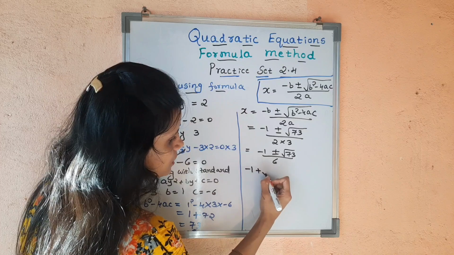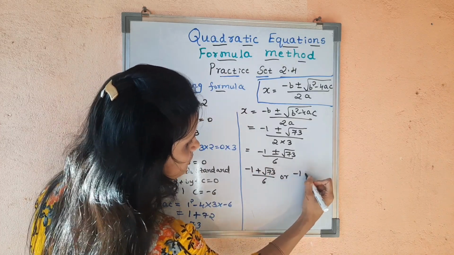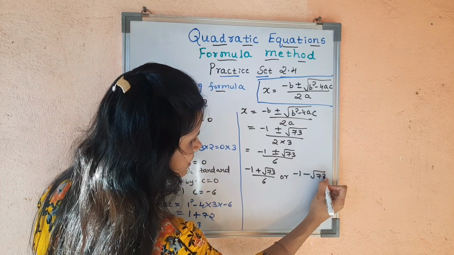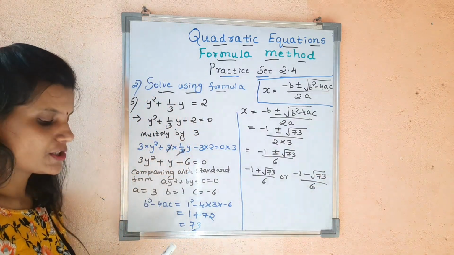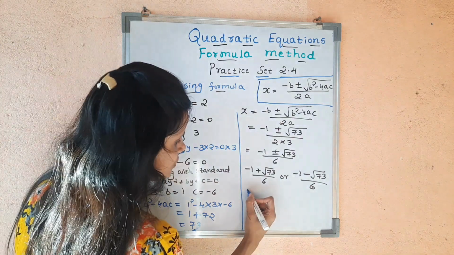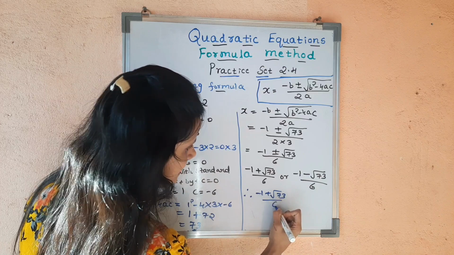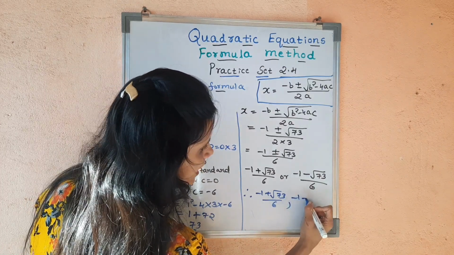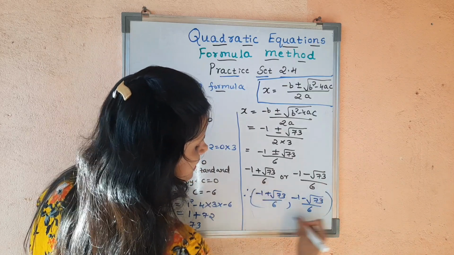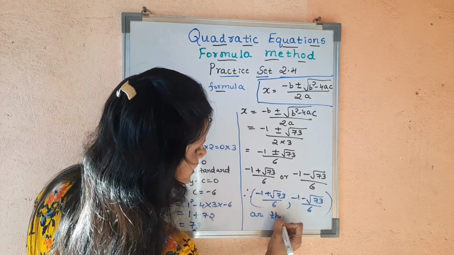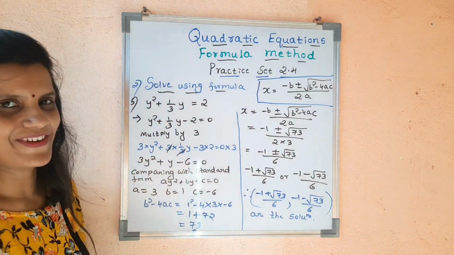Minus 1 plus square root of 73 divided by 6, or minus 1 minus square root of 73 by 6. These are the two solutions or the roots of the given equation. Therefore, minus 1 plus square root of 73 by 6 and minus 1 minus square root of 73 by 6 are the solutions, or roots, of the given equation.